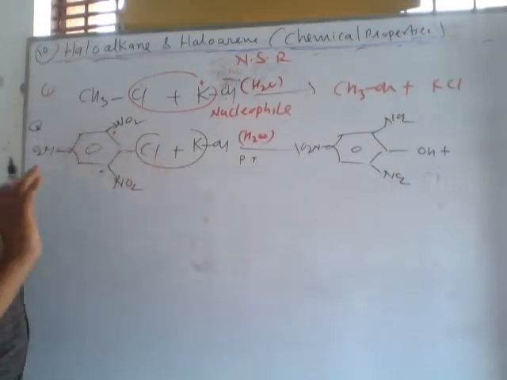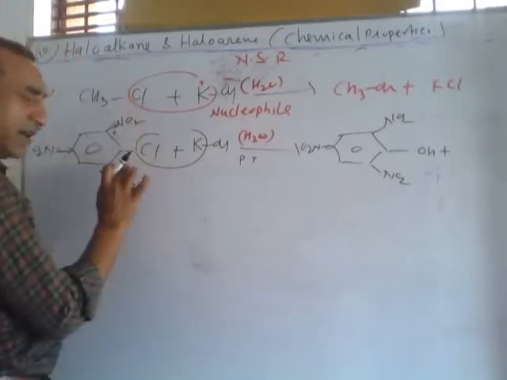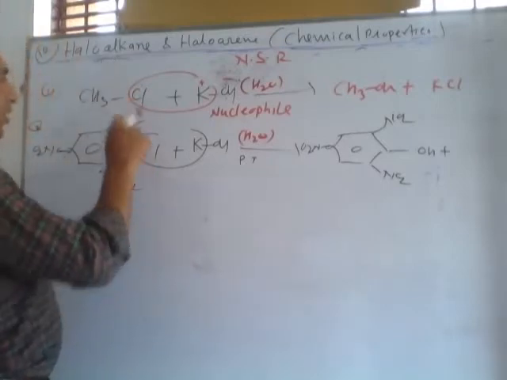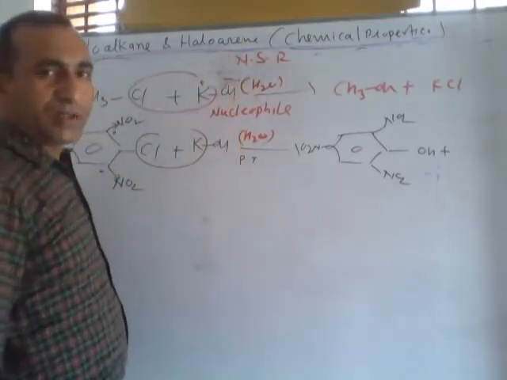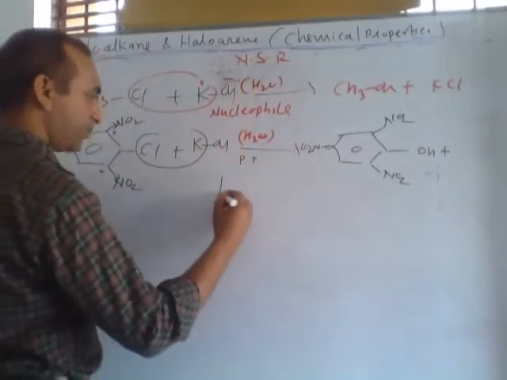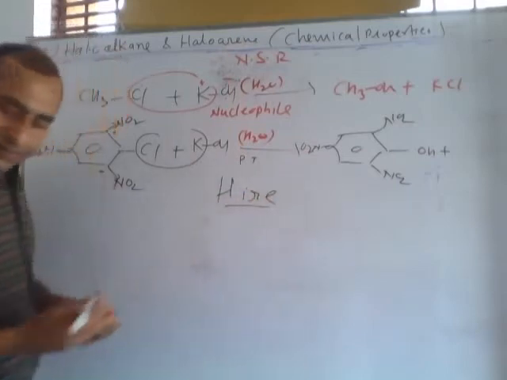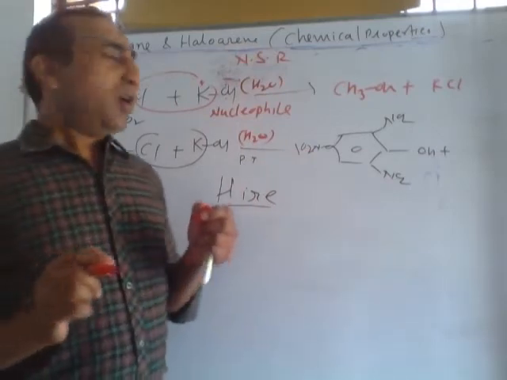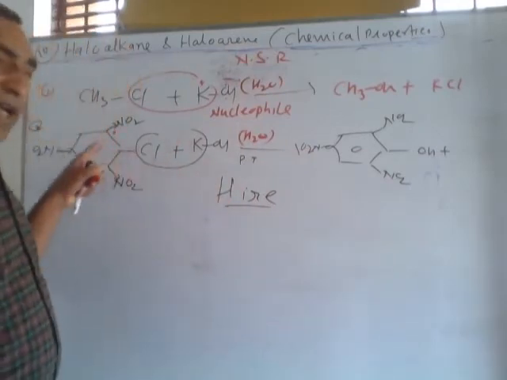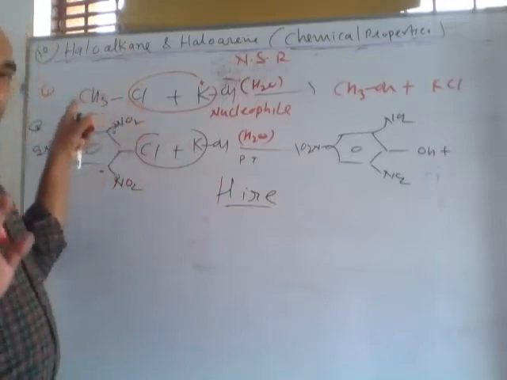And generally in exams they ask that haloarenes are less reactive as compared to haloalkanes with NSR. Give the reason. The reasons are 4, HIRE. What is the question? The question is, haloarenes are less reactive than haloalkanes.